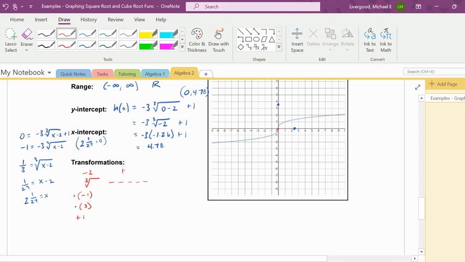So we're going to shift this graph right 2 units. Then we're going to reflect it in the x-axis. That's what the negative does for the a value. The 3, that's a vertical stretch. It's going to be 3 times taller.